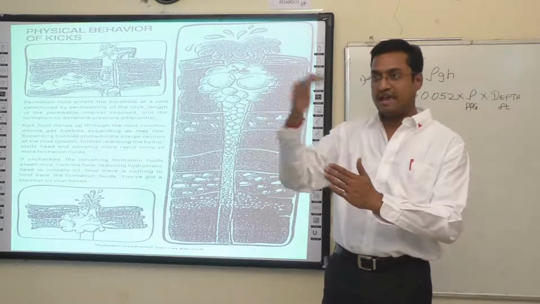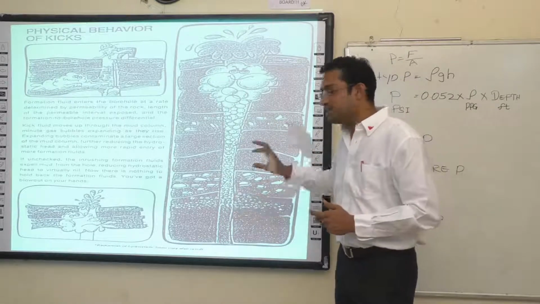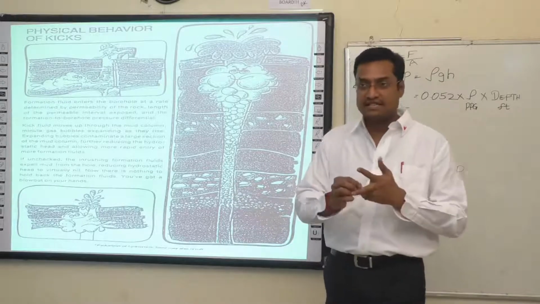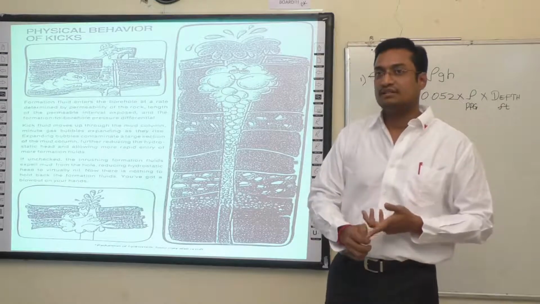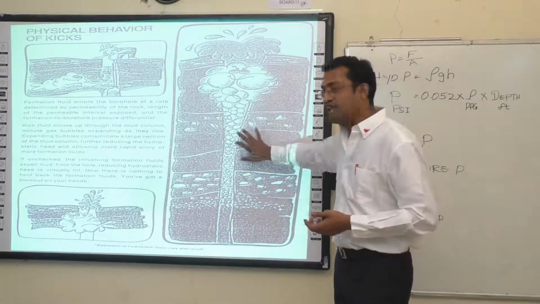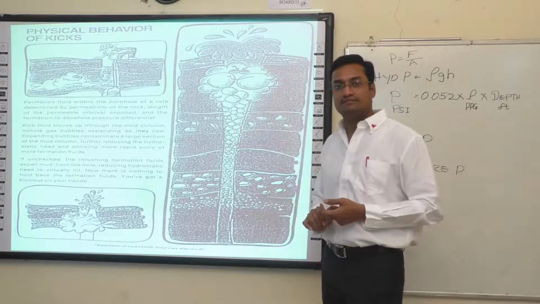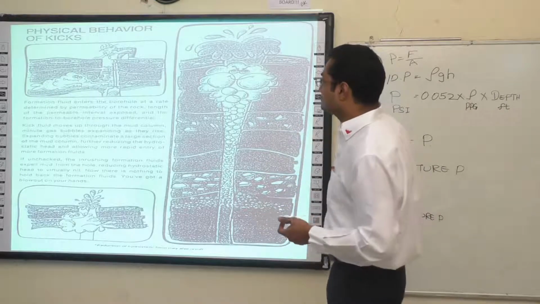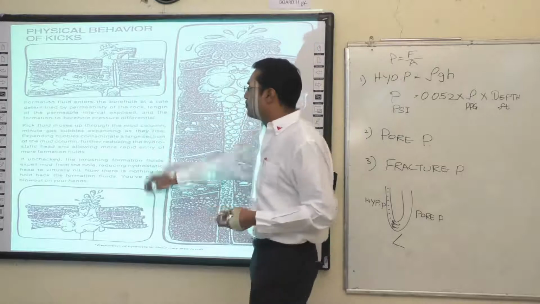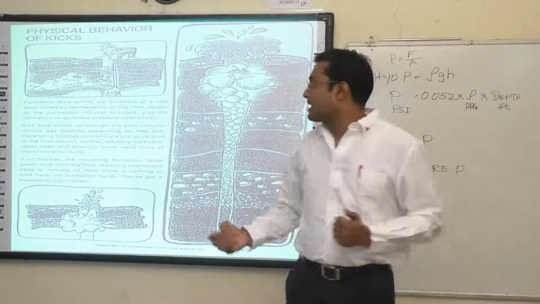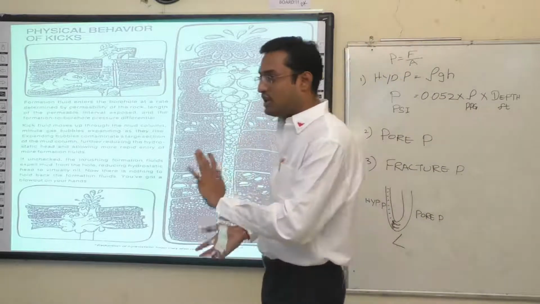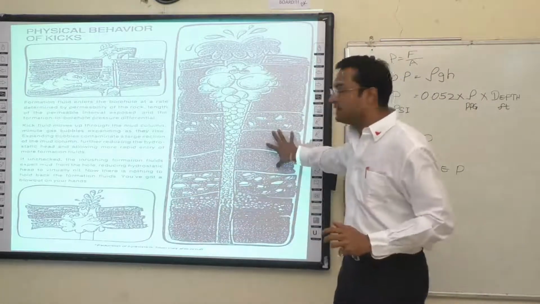Of course, you do some calculations to identify the kick density, to identify whether it is a water kick or a gas kick or an oil kick. But before that, with the behavior, you can identify, if you know the theory completely. So when the formation fluid enters the wellbore at a rate determined by the permeability of the rock, now here we are getting into more of the rock characteristics.